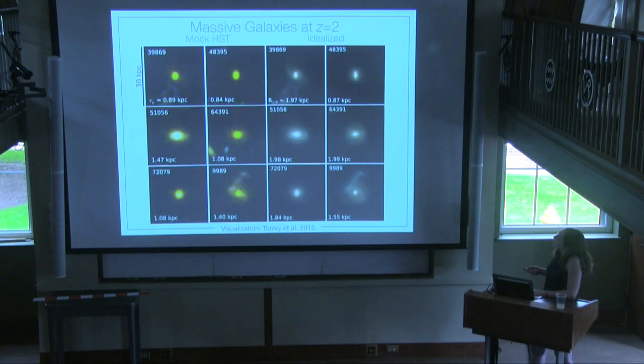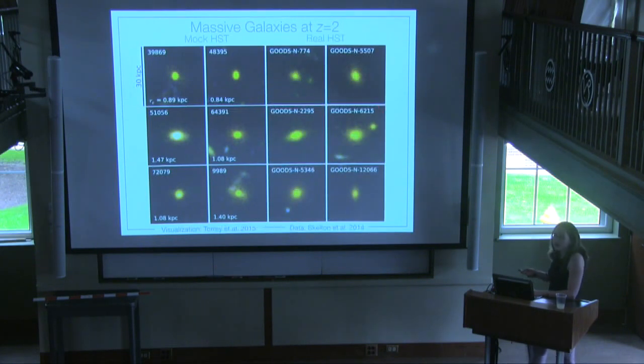Now if I bring back up the 6 examples that I showed you earlier of real observations of compact ellipticals, you can see that, at least by eye, these simulated galaxies look like pretty decent analogs to the observed galaxies. So we have some confidence that if we can figure out how galaxies like this form in the simulation, it might tell us something about how galaxies like this form in the real universe.